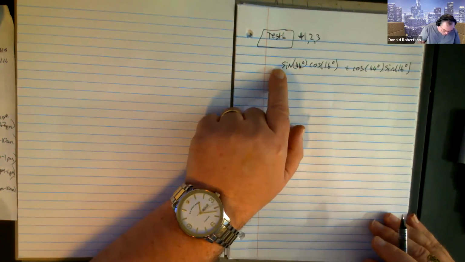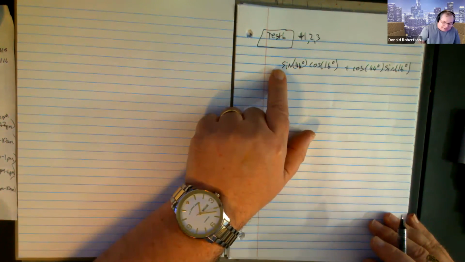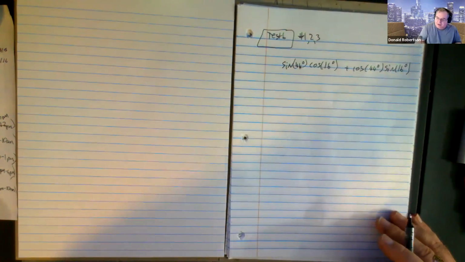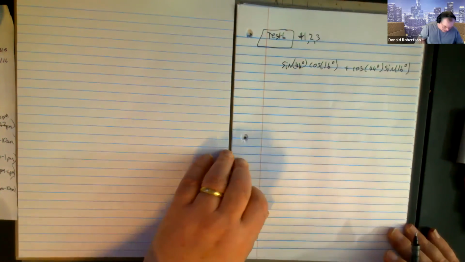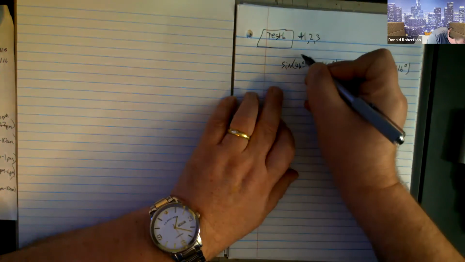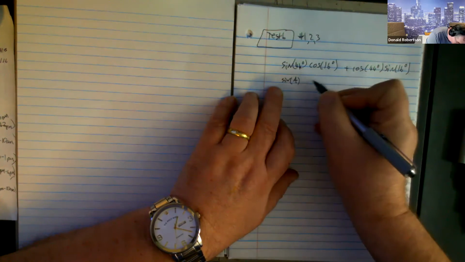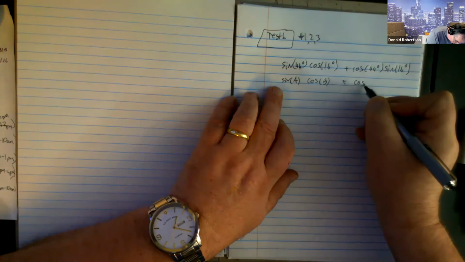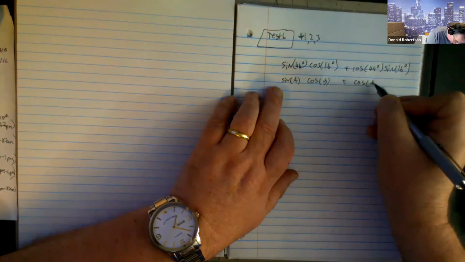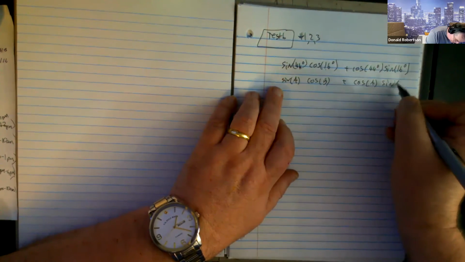What you have to look at is that this is in fact one of those add and subtract formulas, the ones for sine of A plus B and cosine of A plus B. If you call 44 A and 16 B, it looks a bit like that.